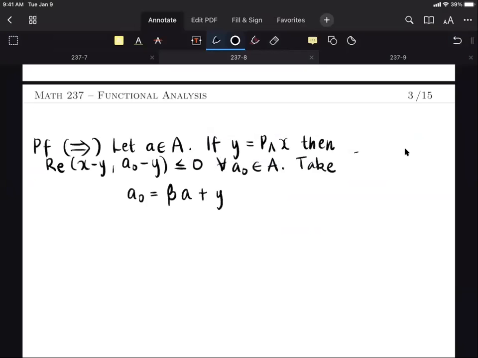So beta a plus y. This is a linear combination of elements in A. Since A is a subspace, it must be in A. And let us pick beta to be the inner product between x minus y and a. So this is our beta in this linear combination.